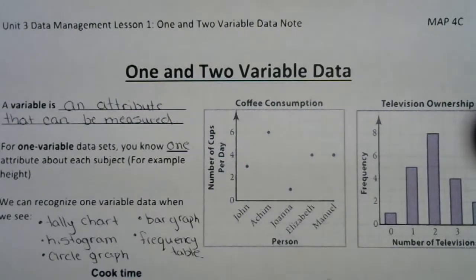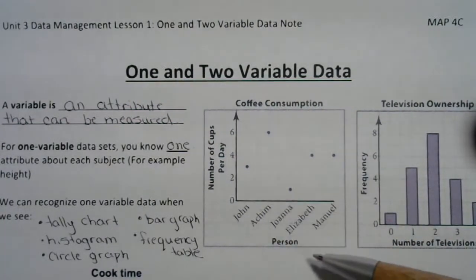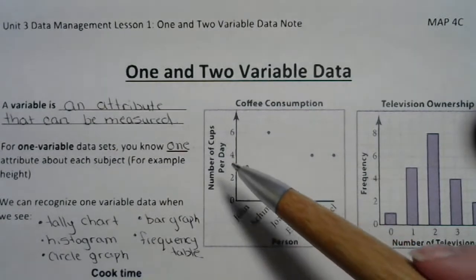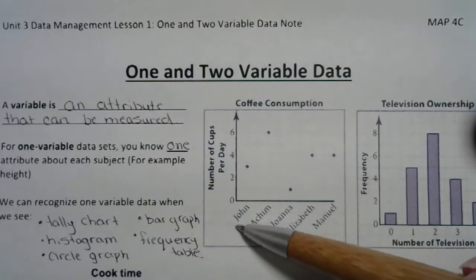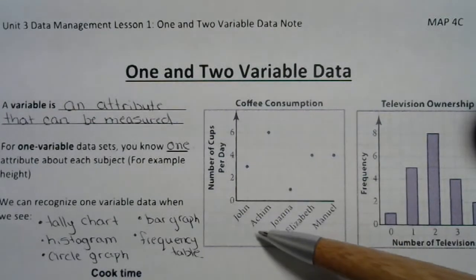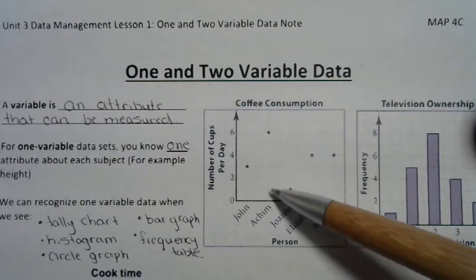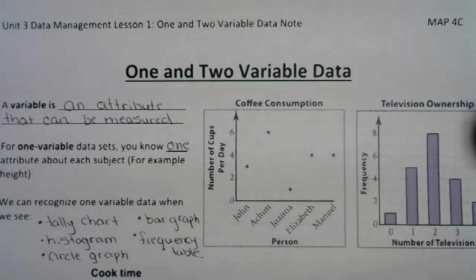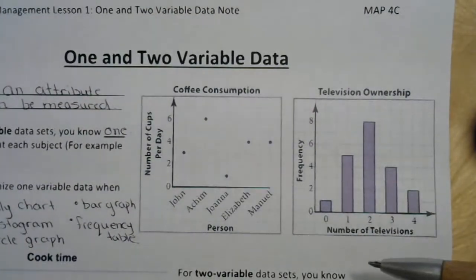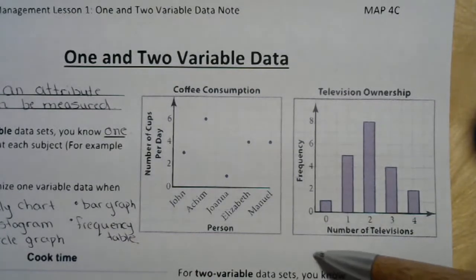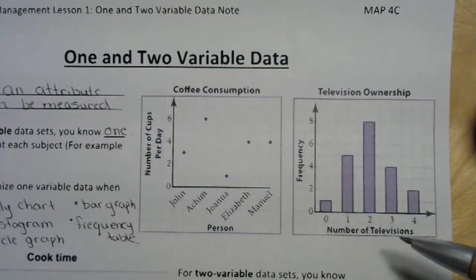Okay. In this case, here's some different people, and we're looking at the number of coffee cups they have every day. So John has 3 a day, Akeem has 6 a day, Joanna has 1 a day, etc. And similarly, something like this can show the same type of data.